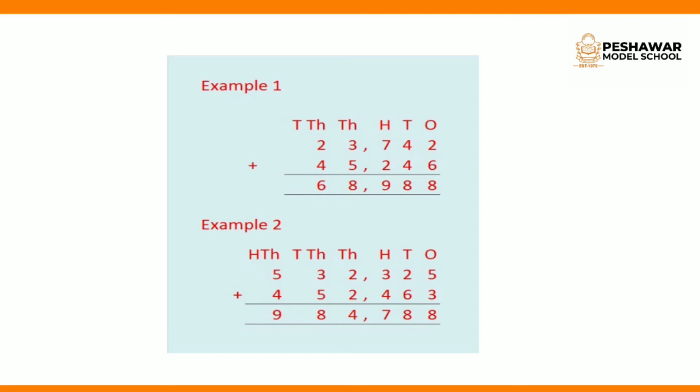Add the tens place digits, which is 8. Now add the hundreds place digits, 4 and 3, which is 7. The thousands place, 2 plus 2 is 4. 5 plus 3 is 8. 5 plus 4 is 9. Very easy. Addition is very easy and you already learned about that.